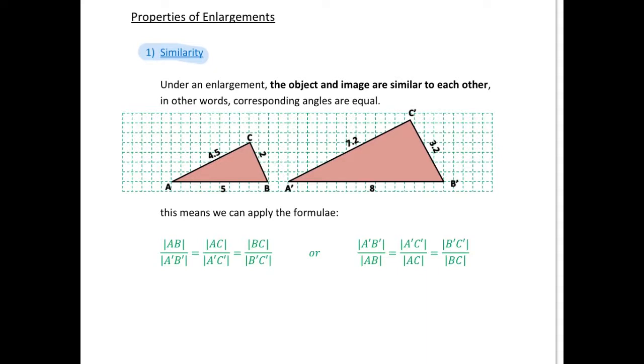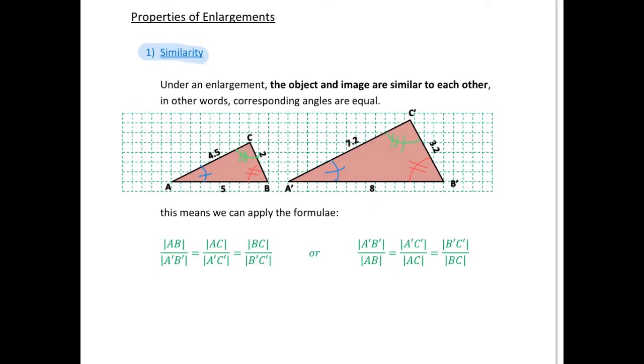So you remember that that means corresponding angles are equal. So the angle at A is equal to the angle at A prime, the angle at B is equal to the angle at B prime, and the angle at C is equal to the angle at C prime.